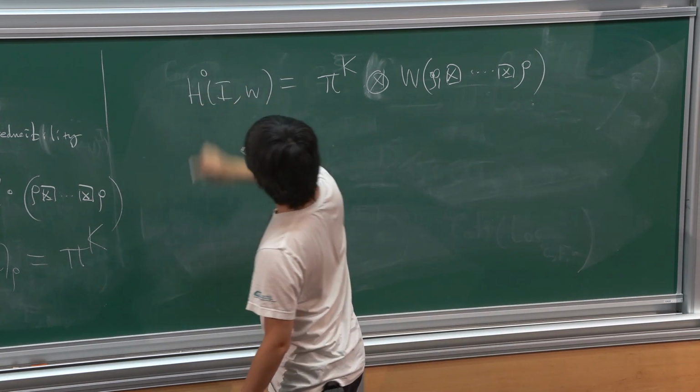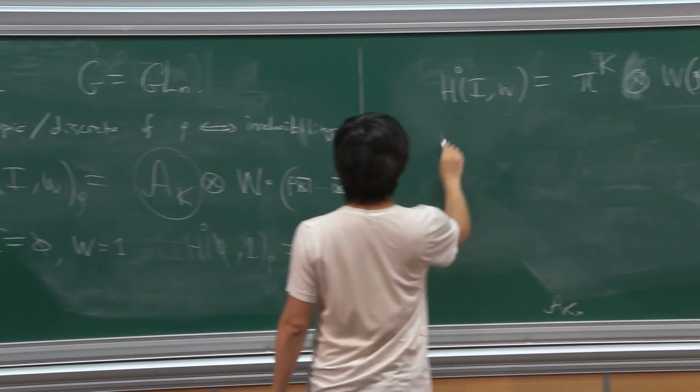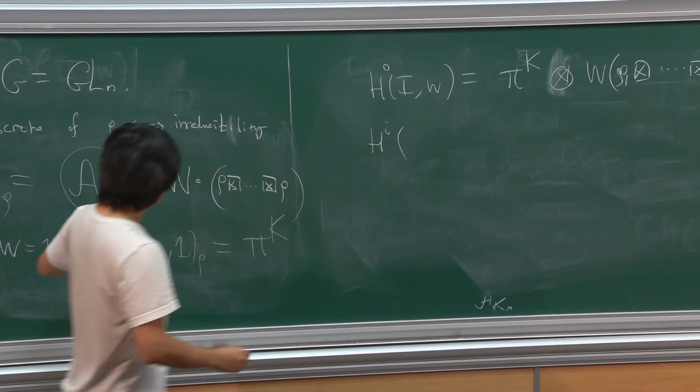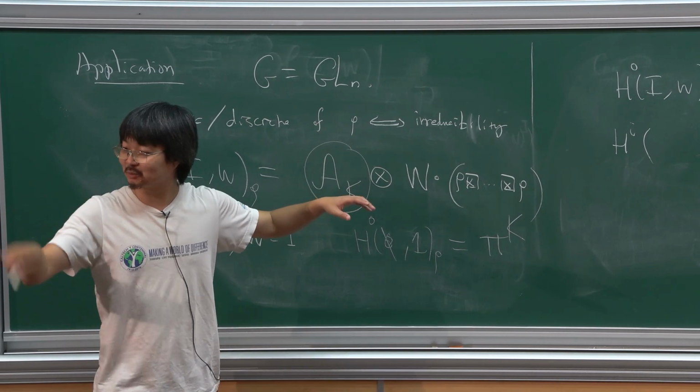By the way, after normalization in degree 0, but in degree i, when the leg is empty, there's no cohomology in degree i, it's a discrete set.